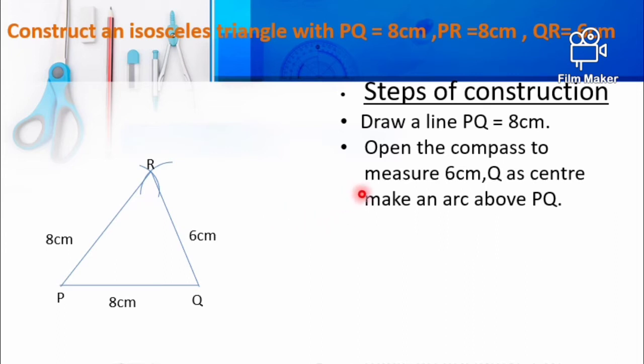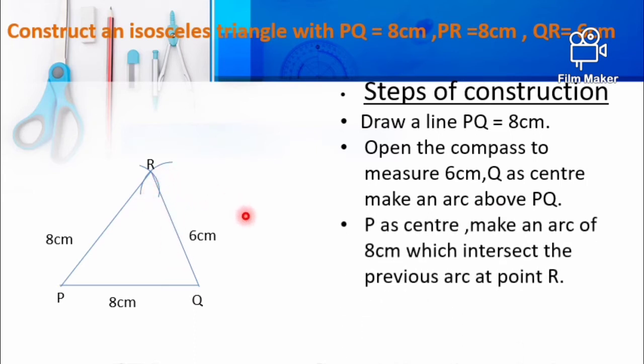Make an arc above PQ. This is an arc above PQ. Then in the next point, with P as a center, make an arc of 8 centimeter which intersects the previous arc at point R.